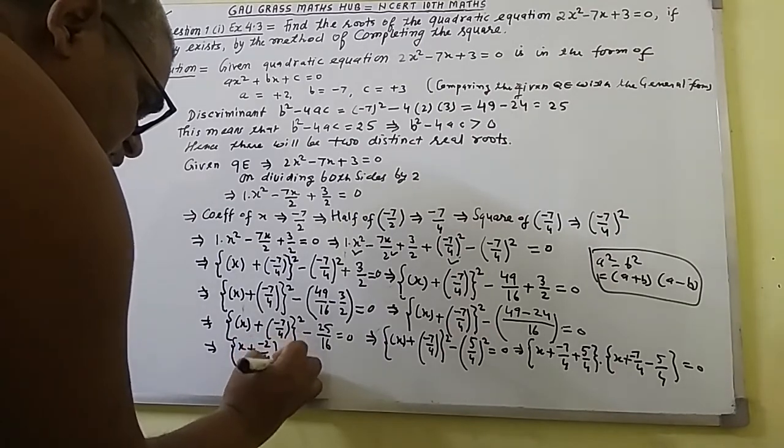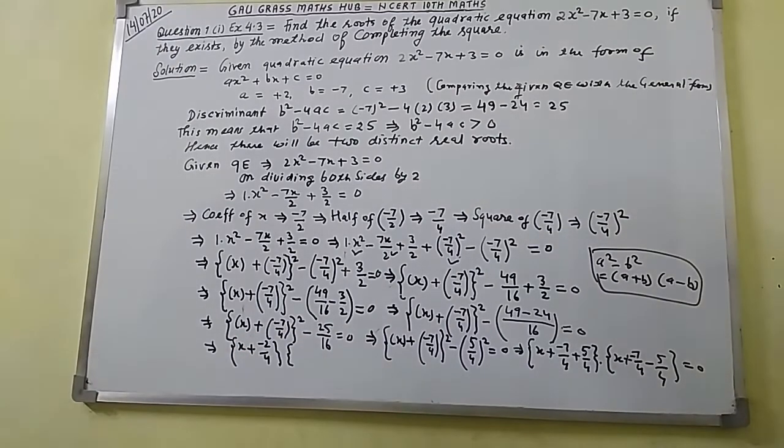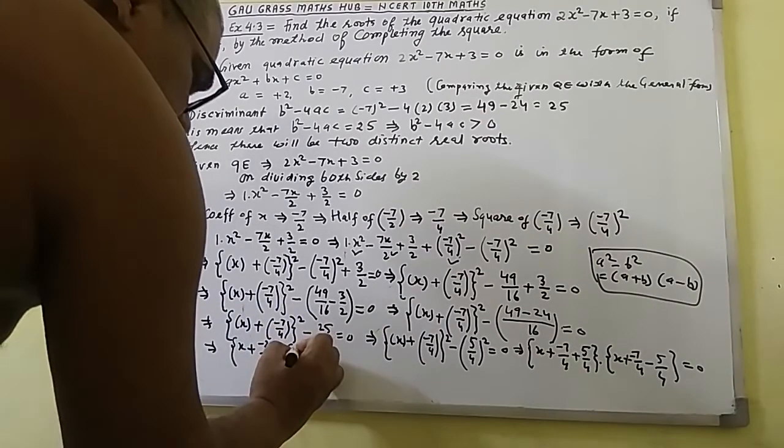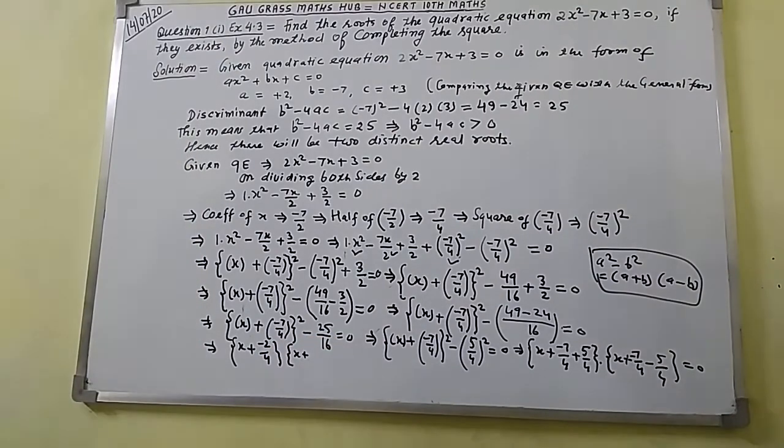In the other bracket you will get x plus, and here 4 is there, so take LCM as 4. Minus 7 minus 5 you will get minus 12.